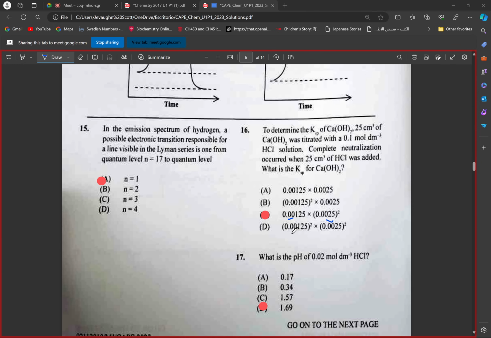What is the pH of 2 moles of that? So we're going to be looking at what is pH, a negative log of what?